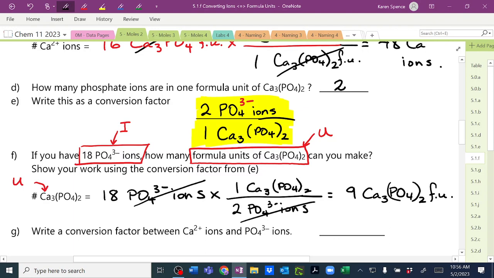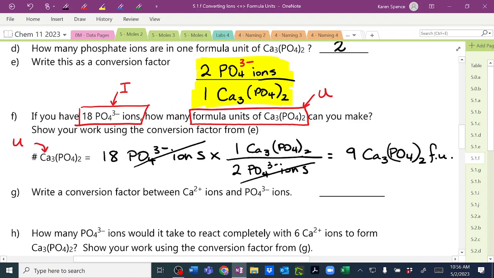Could you please write a conversion factor between calcium ions and phosphate ions? Yeah, that's great.